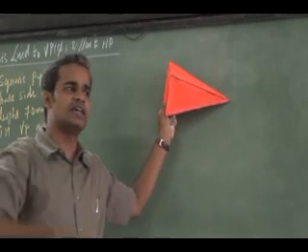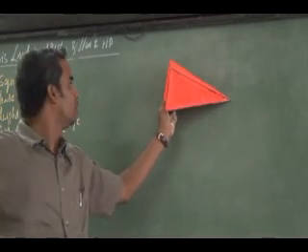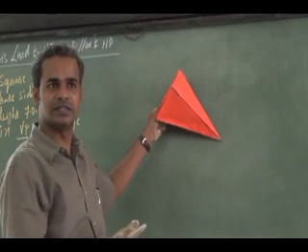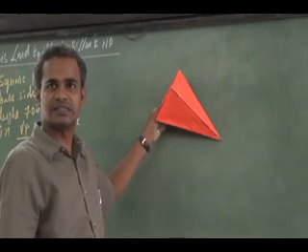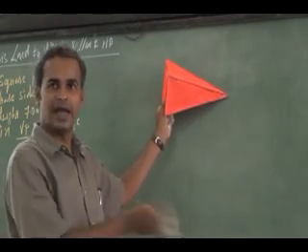Depending upon the specification of the solid, the axis will be inclined. At the same time, it can be inclined like this or like this. So I have to give one more condition. What is that? The axis is parallel to HP.